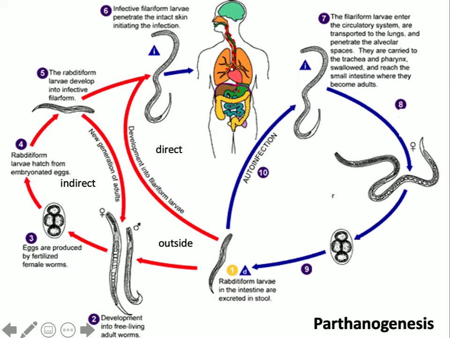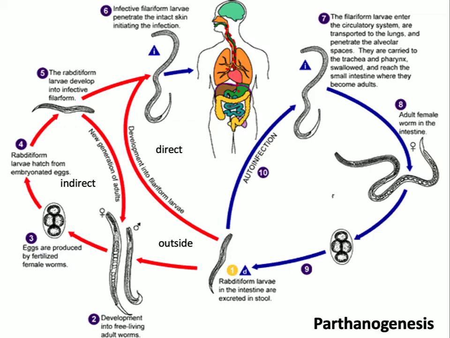They are carried to the trachea and pharynx, they are swallowed, and they reach the small intestine where they become adults. Now this is where it gets really weird. In the human, in the small intestine, we're only going to find adult female worms. And somehow they lay eggs that are fertilized, essentially. But they're not necessarily hermaphroditic. It's a very strange kind of phenomenon called parthenogenesis.